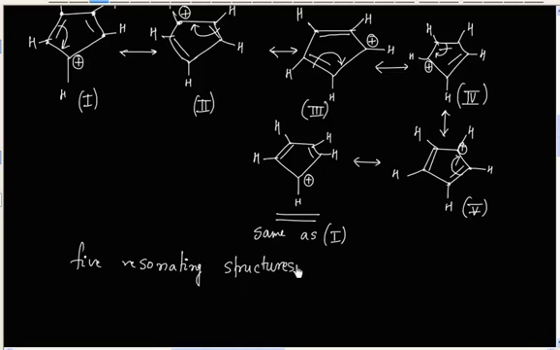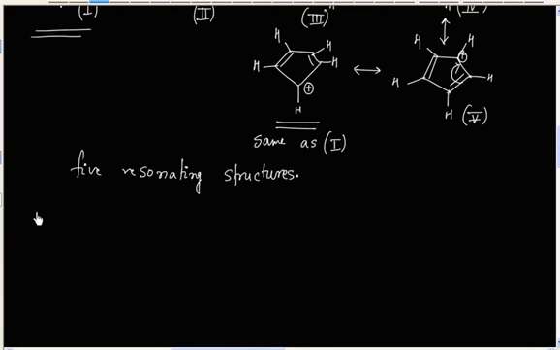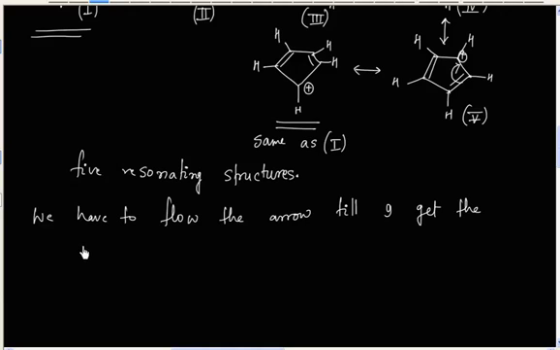If I want to write all resonating structures, we have to keep flowing the arrow so that finally I am getting a resonating structure that is same as the initial resonating structure. So we have to flow the arrow till I get the same initial resonating structure.